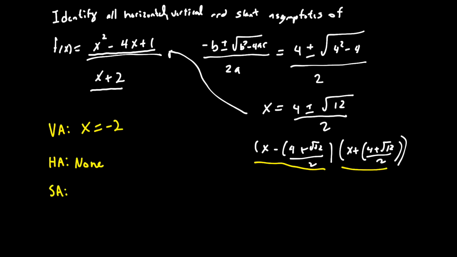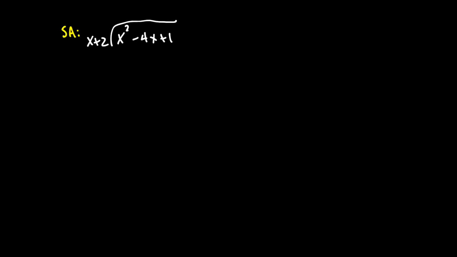So to find the slant asymptote, we're going to go ahead and divide our x squared minus 4x plus 1 by x plus 2. So we'll go ahead and do this on a new page. Starting our division algorithm, we'll need an x up top, and so we'll get an x squared plus 2x. Multiply this by negative 1 and add it.